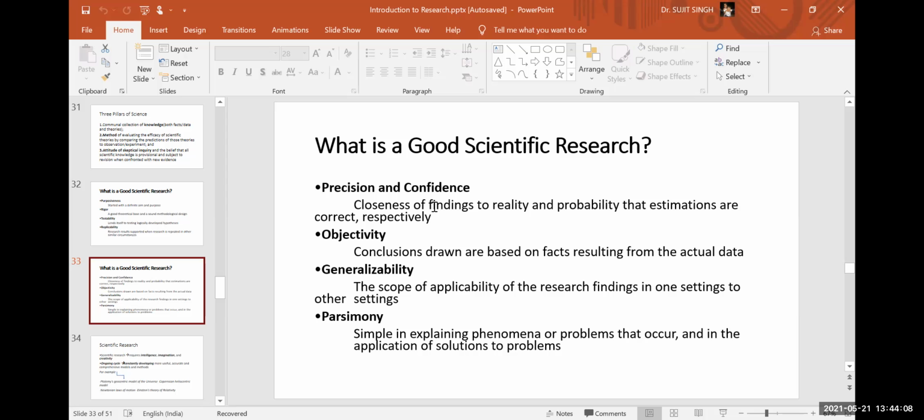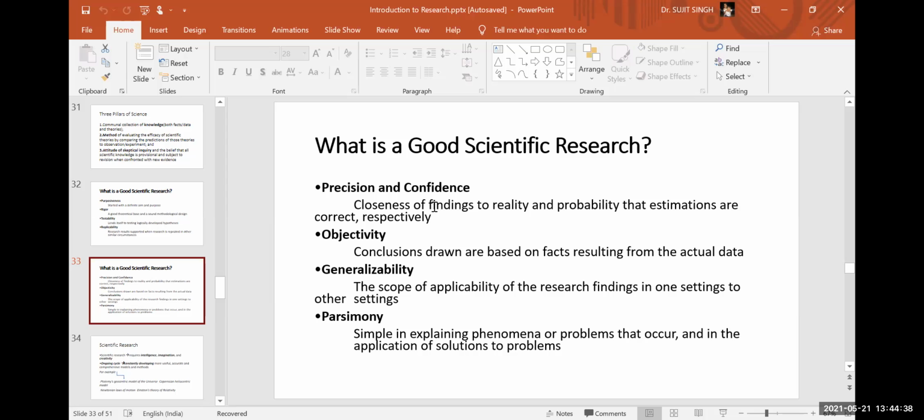So you go for some assumptions, but your findings or results should be more close to the reality, solve the real problems. And also the probability of the estimation, results, or whatever you find out. There should be high probability of that should be correct.